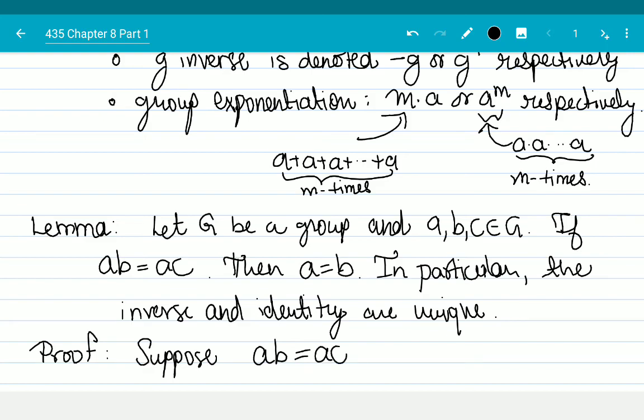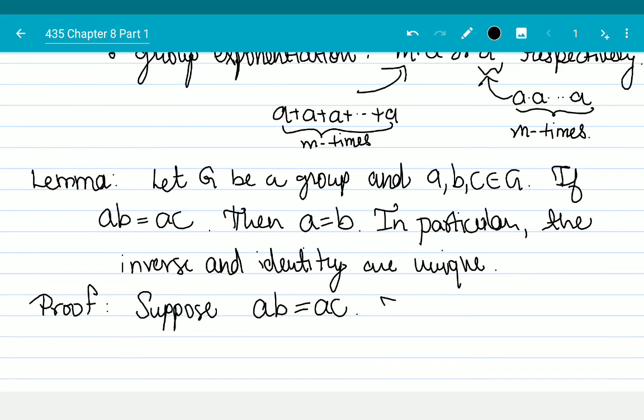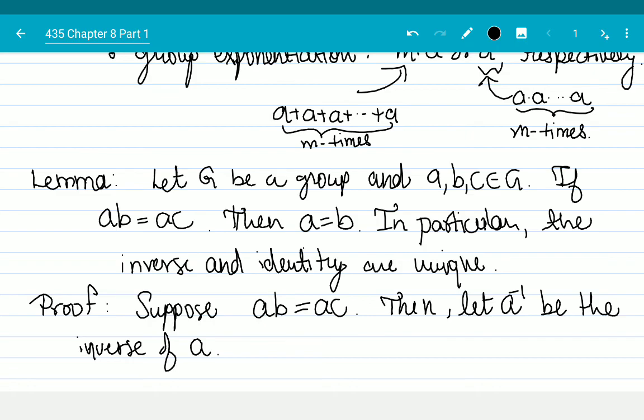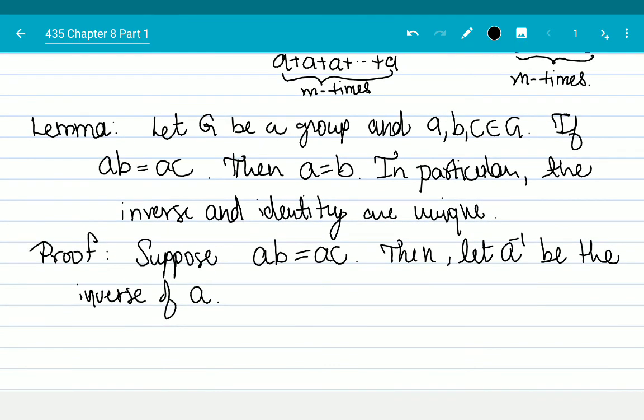So suppose ab is equal to ac. Then let a inverse be the inverse of a. Then a inverse times a times b is equal to a inverse times a times c.